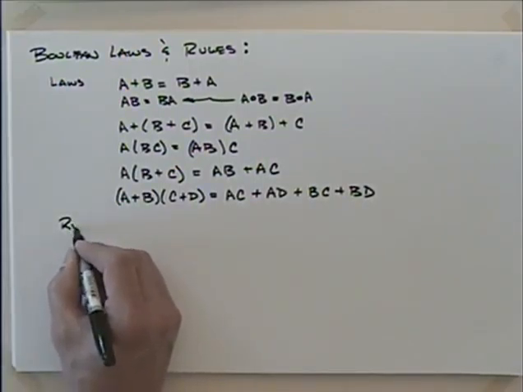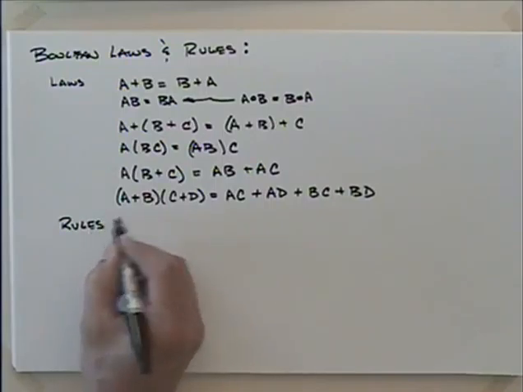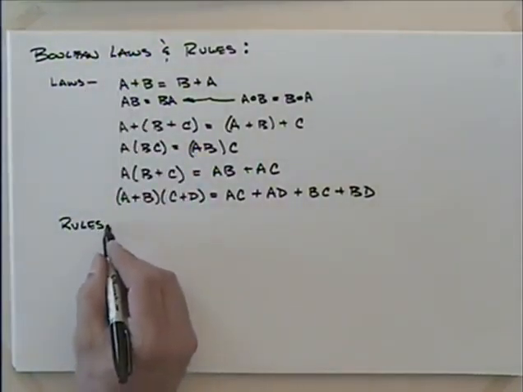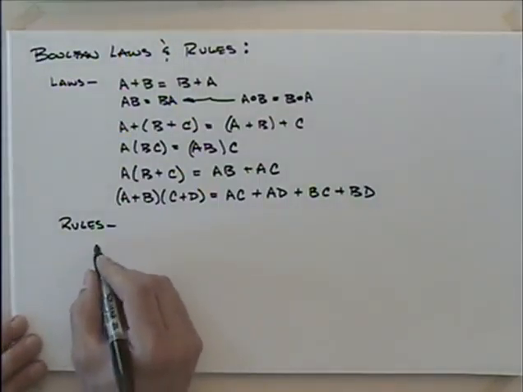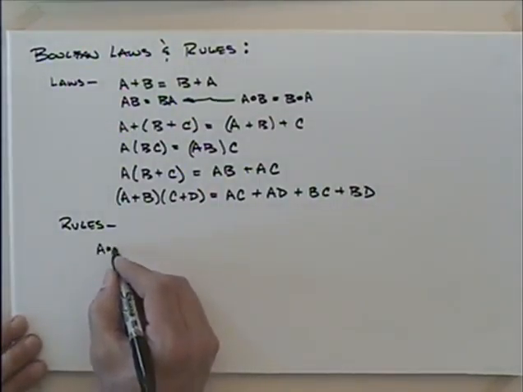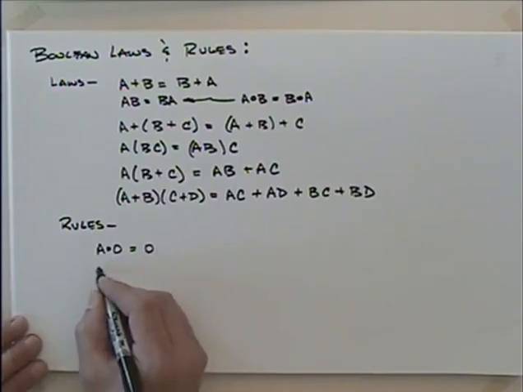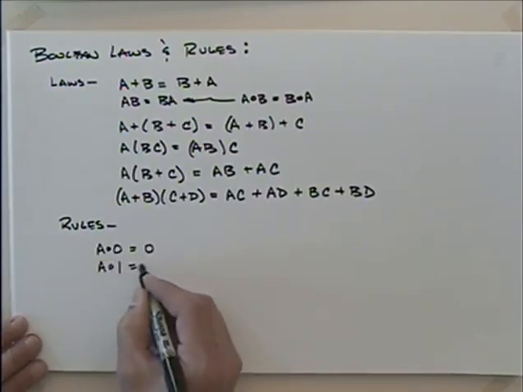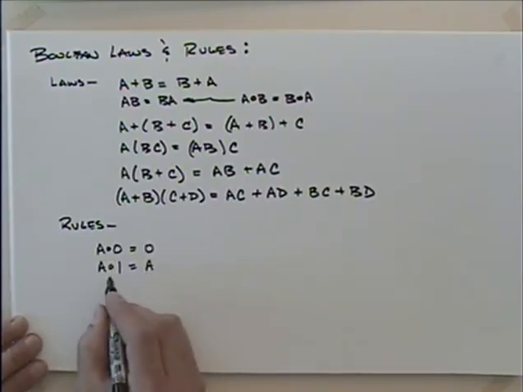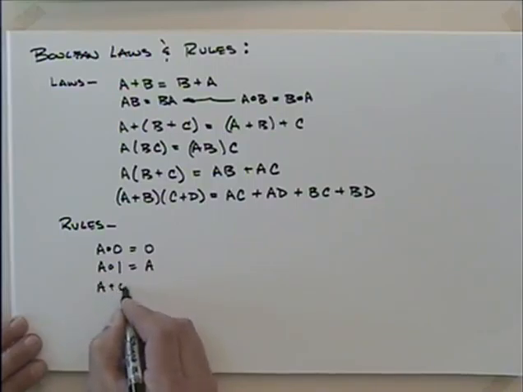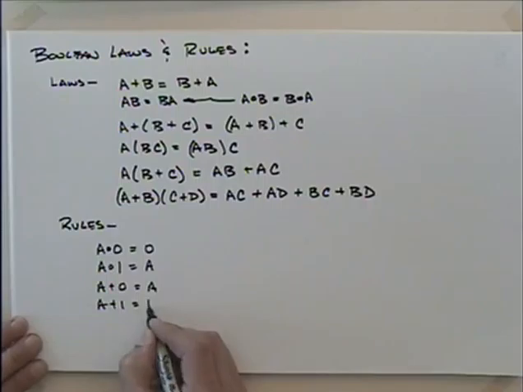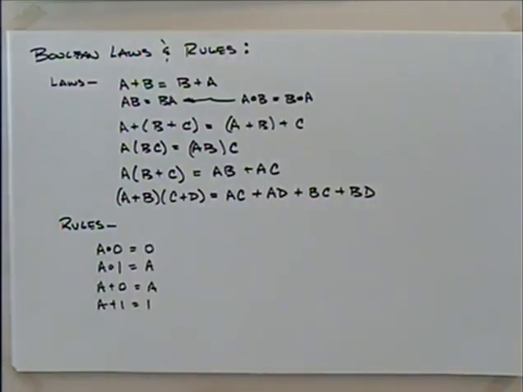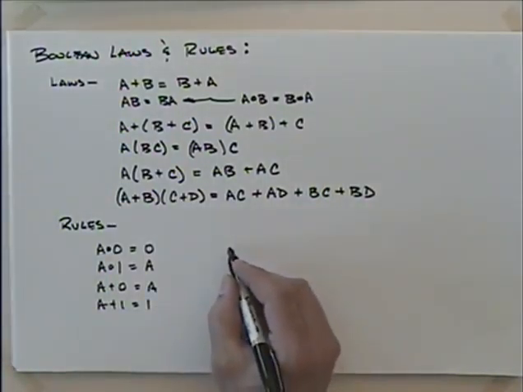Let's look at the rules. And we saw a lot of these rules when we were going through the individual gates. Remember rules like A and 0 is equal to 0, A and 1 is equal to A, A or 0 is equal to A, A or 1 is equal to 1. We've got a few more of these here.